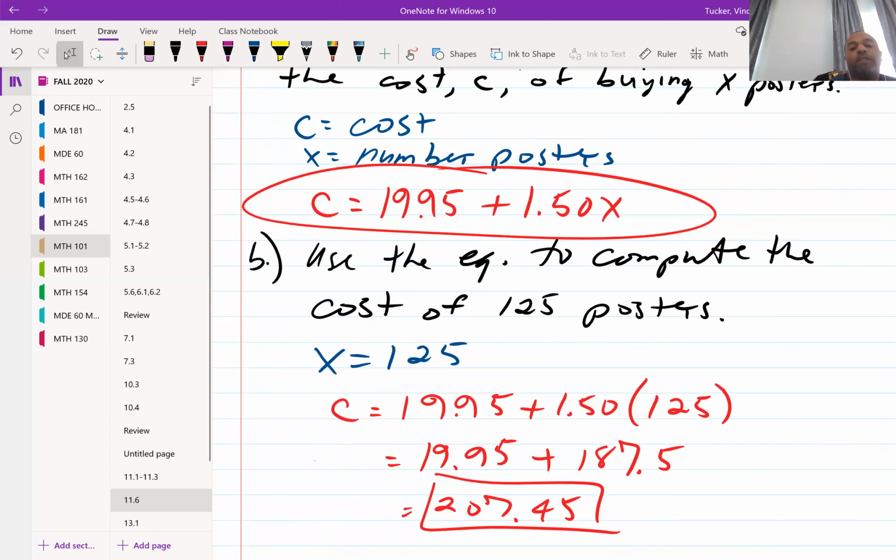Add that to 19.95, that's $207.45. Any questions?